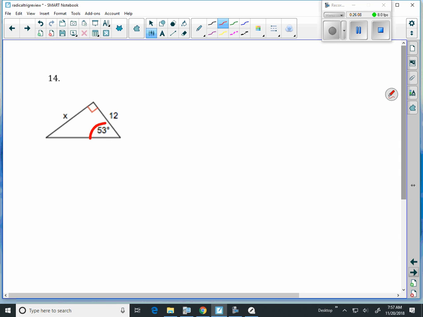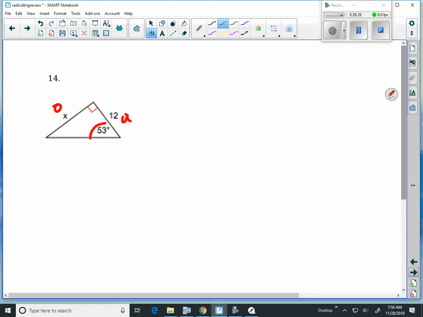Is it touching the angle 53 at all? No. That's a sign that it's opposite. Directly across from. What about the 12? Yep, that's adjacent. If we look here, this unmarked side is across from that 90-degree angle, meaning it's the hypotenuse.